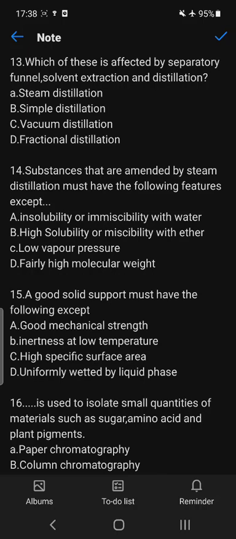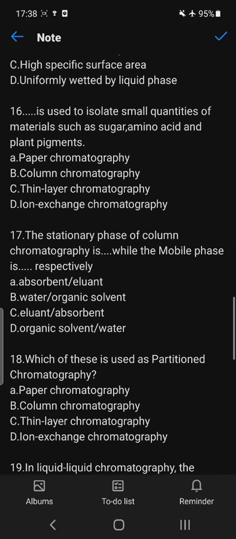Number 16, dash is used to isolate small quantities of materials such as sugar, amino acid, and plant pigment. The answer is paper chromatography. Paper chromatography is used to isolate or separate smaller substances such as sugar, amino acids, and plant pigment.